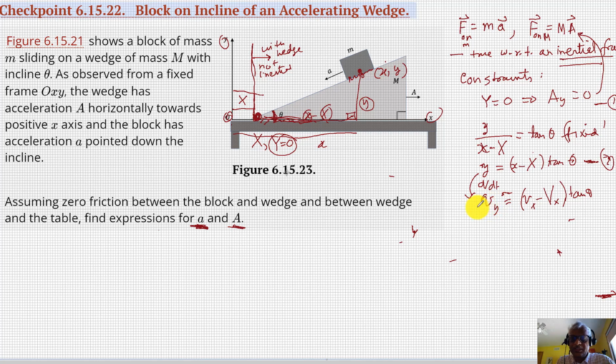And you can do another d/dt of this, and so Ay equals Ax minus capital Ax tangent theta. So this is number 3, this is number 4.